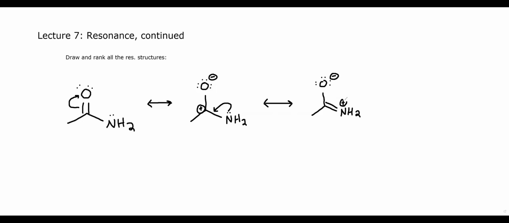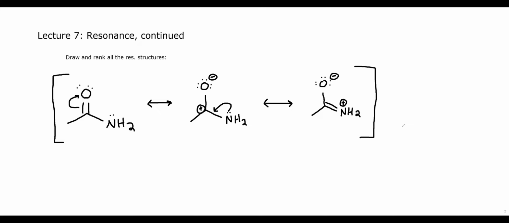NH2 with a double bond will be positive. Okay. And I believe that is all the resonance structures we could draw, right? If we move this pi bond back to nitrogen, that gives us our middle structure. If we bring those lone pairs down from oxygen to make a double bond and kick that pi bond away, that gives us our first structure. So these look like the 3 possible structures we could draw for this amide.